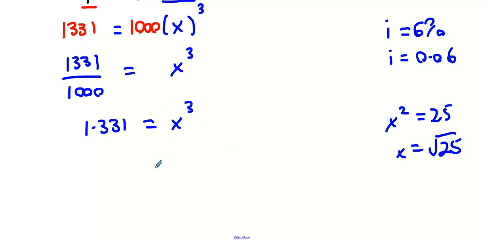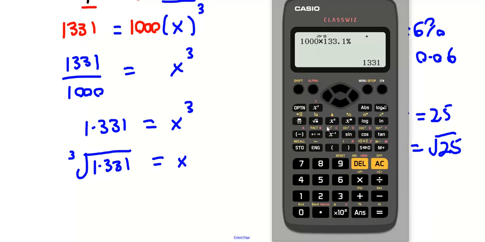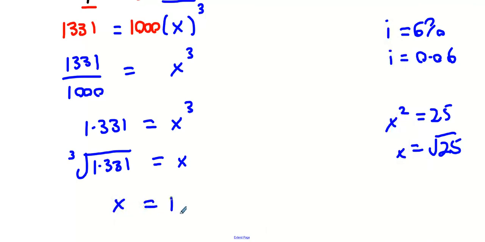But this time it's x cubed. So we're going to use the cube root button. We're going to cube root 1.331. And what we get is 1.1. Okay. Your x value is 1.1.